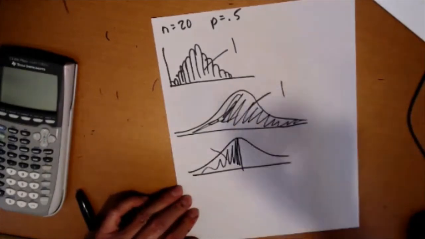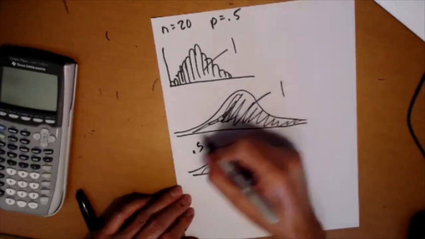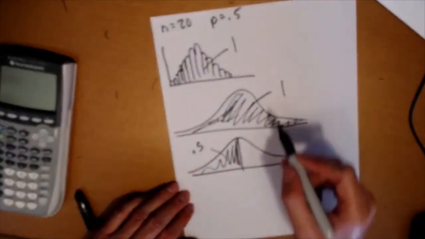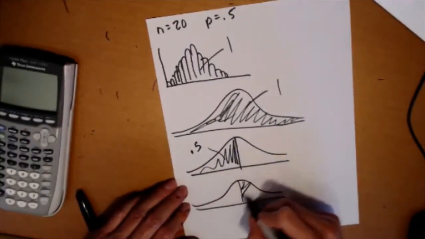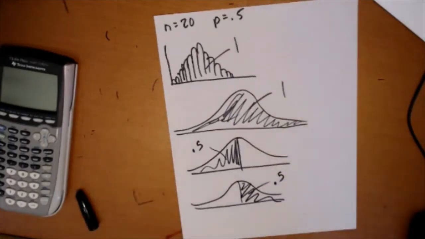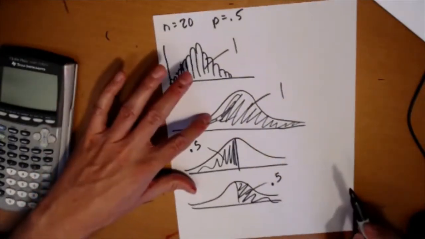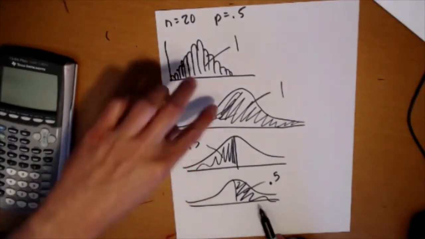The area must be equal to 0.5. Notice it's symmetric, so the bell curve is symmetric. Total area under the curve is 1. If I were to shade the right side, 0.5.